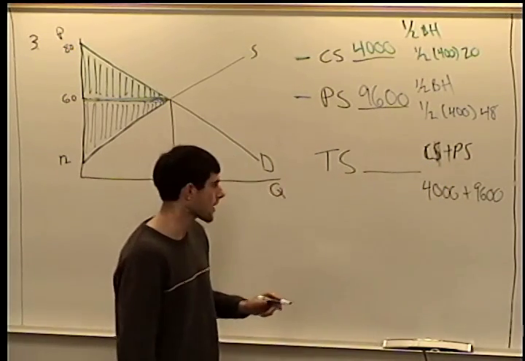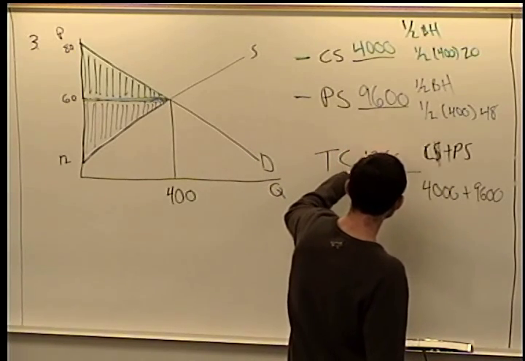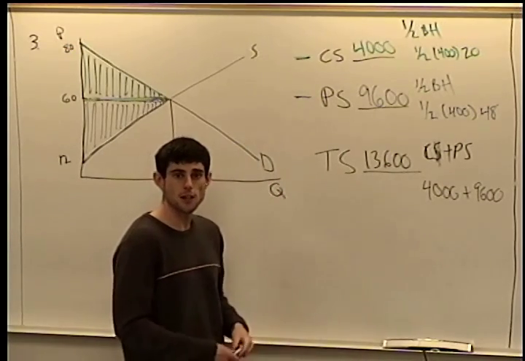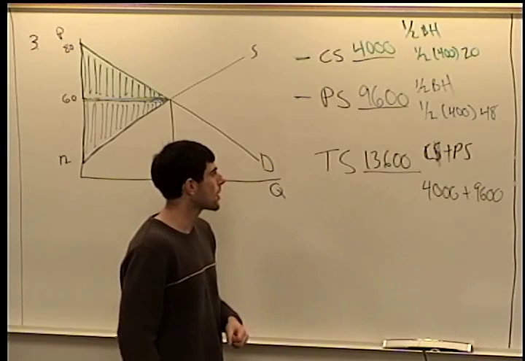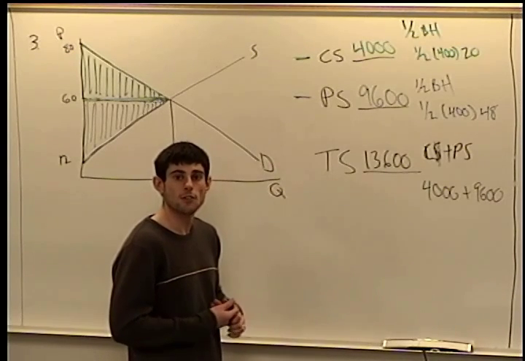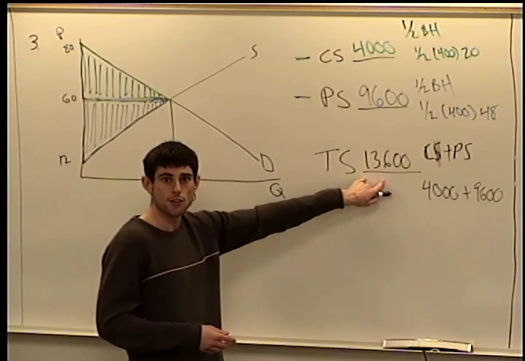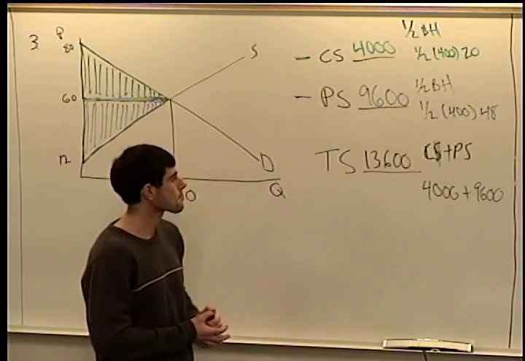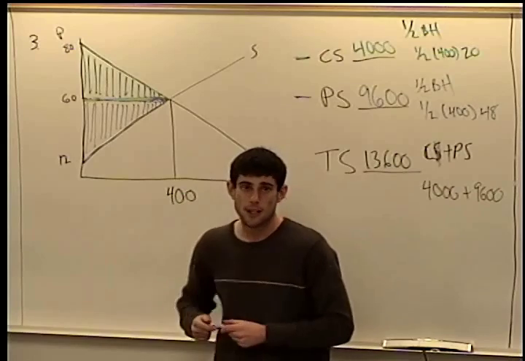And if you add those together, you should get $13,600. So as a result of trade, the total market is better off by $13,600. So this is the efficiency gained from trade as compared to no trade in this situation. And so this is the end of our supply and demand questions.